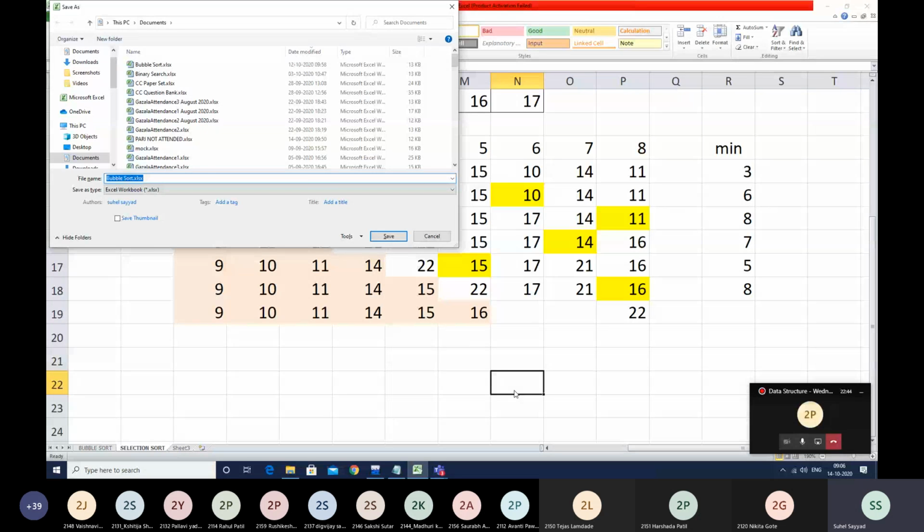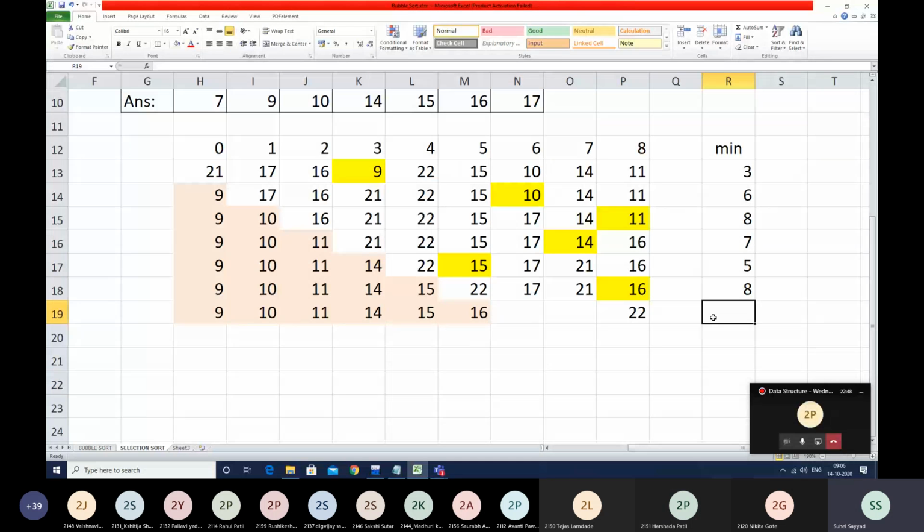The 7th iteration min is at index 6. 17 is the number, correct? Okay. So here no swap will take place because 17 itself is the smallest number, right? So here the swap will not take place.